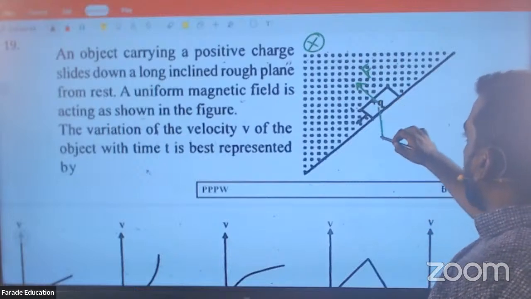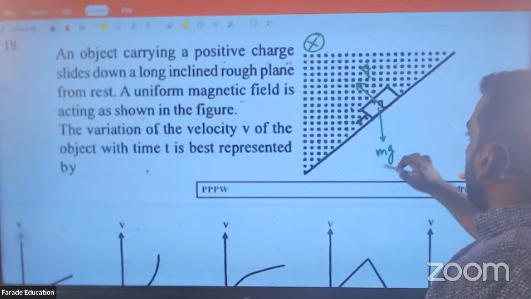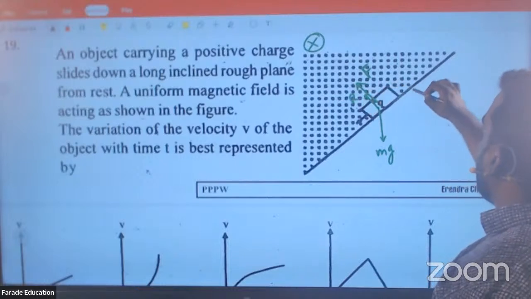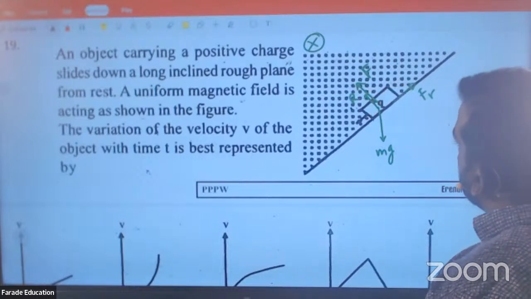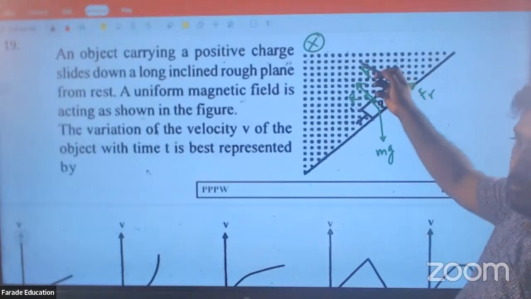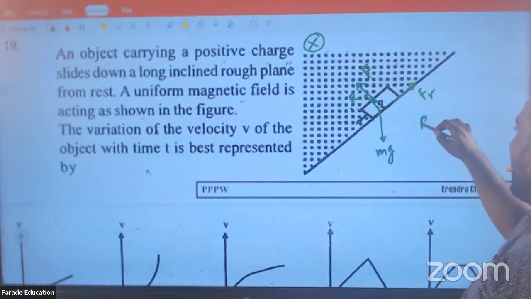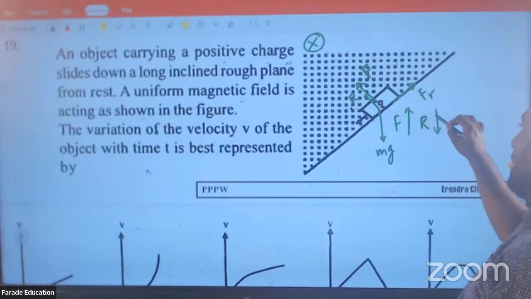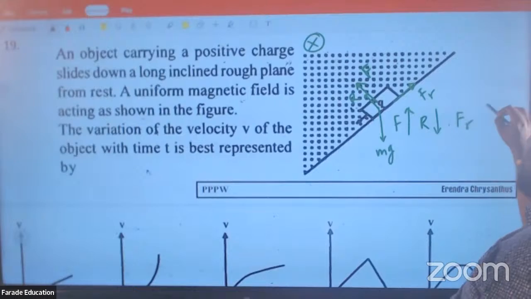So if you look at this carefully, mg, normal reaction. Here you have friction force. When the upward force F increases, reaction reduces. Friction also will reduce.